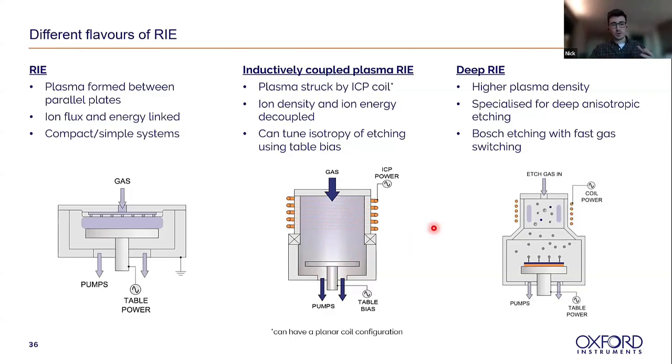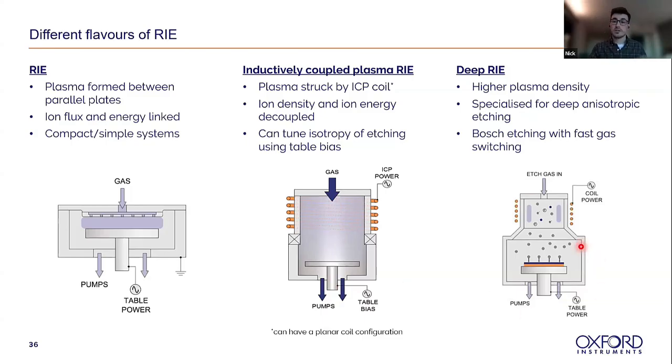So you can strike your plasma in the tube up here, and then by varying the table bias, you can really tune the ion energy that the substrate is seeing. And that biasing can also help us tune the isotropy of the etching we're able to achieve, so whether we get a fully vertical profile or whether we get these interesting wavy structures.